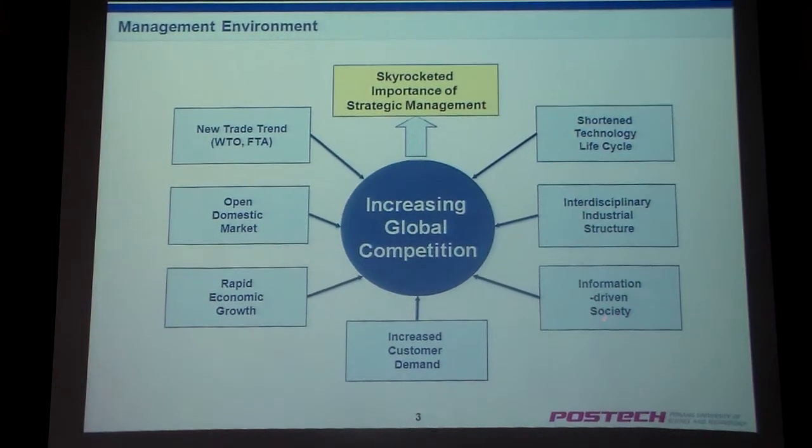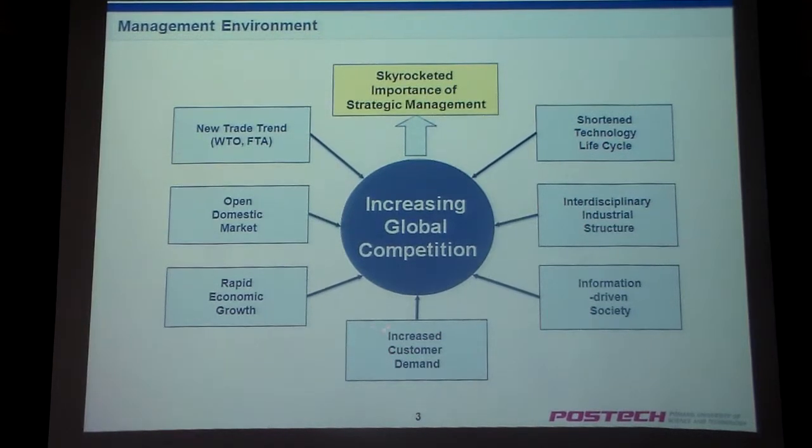Information-driven society: obviously this society is full of information, and information is so important in forming industry. Increasing customer demand: the customer has more power than ever because they have more options and more choices. Rapid economic growth: the speed of economic growth is increasing.